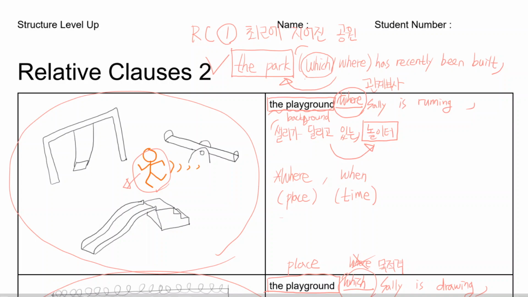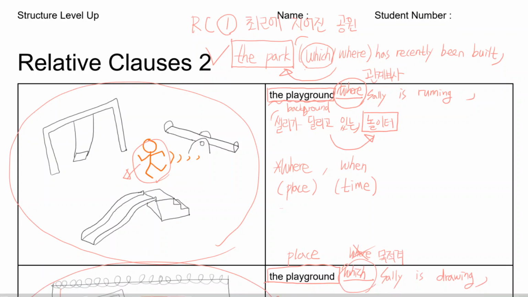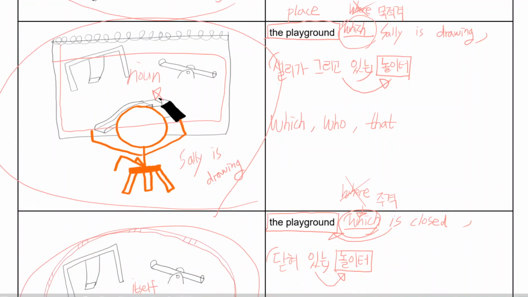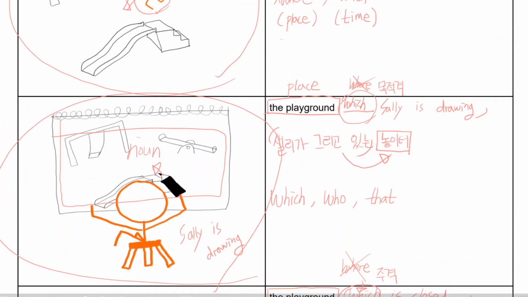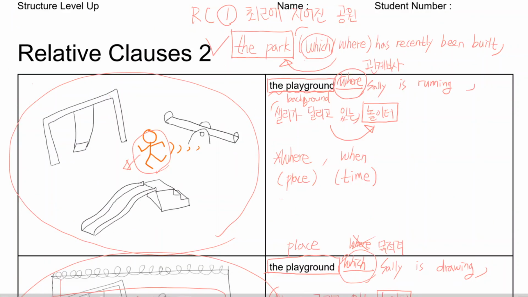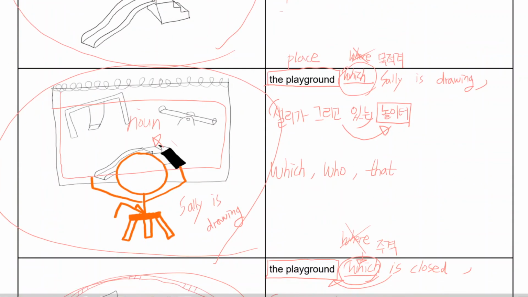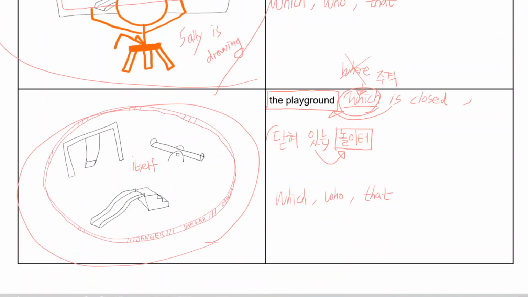So if you start with the park which, the situation would be this one or this one. Okay, let's say where situation is situation 1, and 목적격 is 2, and 주격 is 3.